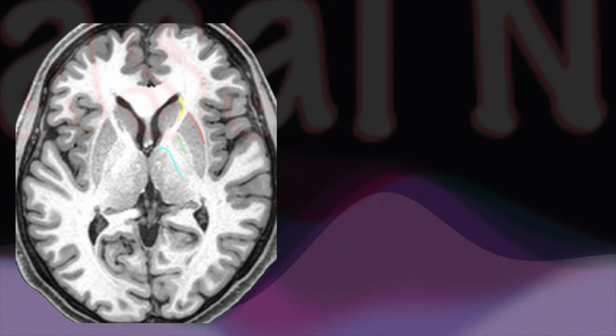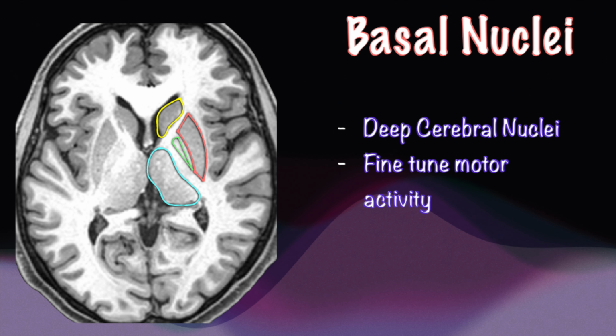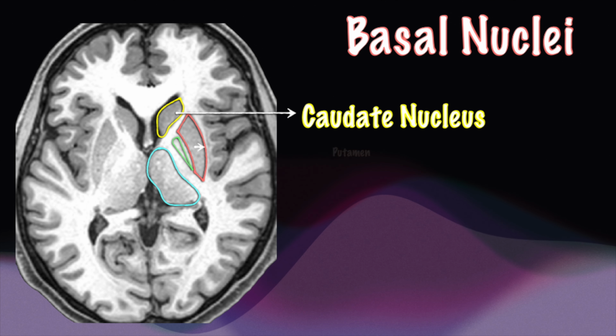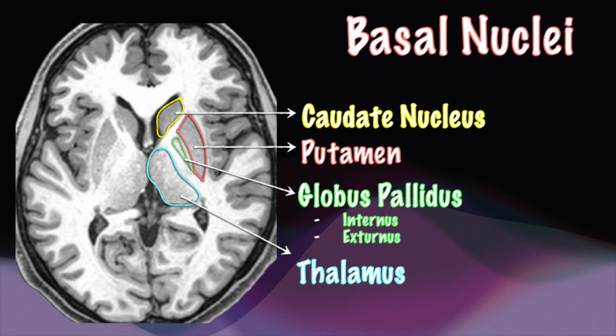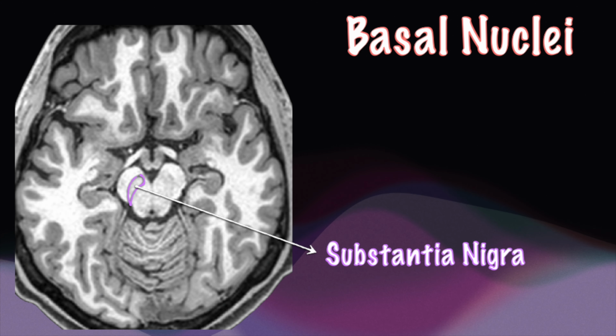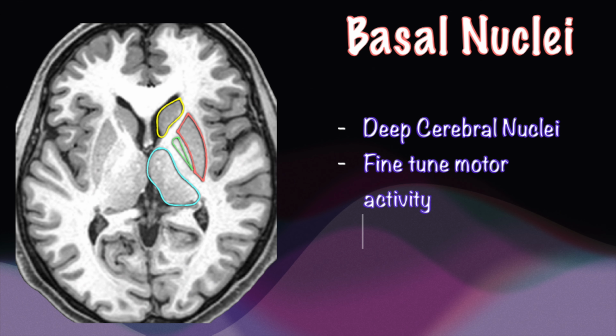Basal nuclei are the deep cerebral nuclei involved in fine-tuning motor activity. They consist of the caudate nucleus, putamen, globus pallidus internus and externus, subthalamic nucleus, and substantia nigra. These structures are important for programming and processing of motor input from the cerebral cortex. They are also important for emotional aspects like motivation.